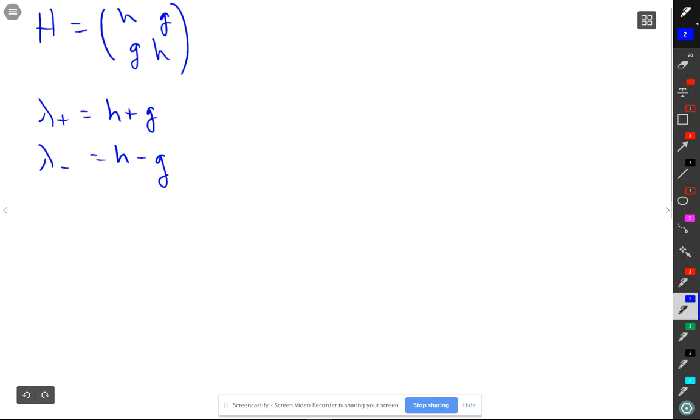So there's my eigenvalues, there's my Hamiltonian, and I had that relationship that said Hamiltonian acting on F should give me lambda F. So now I'm just going to choose one.